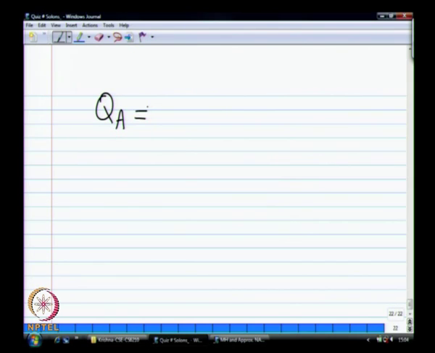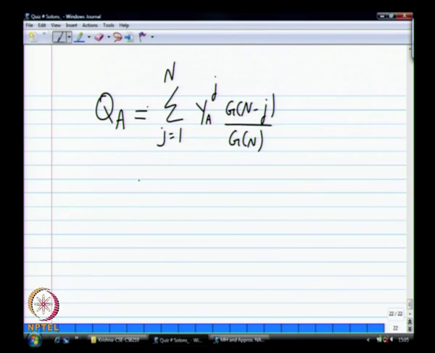So QA is equal to the probability that n is greater than or equal to j, and that we know is, so this is basically the sum over j equals 1 to n. To do this it is best to write a program.